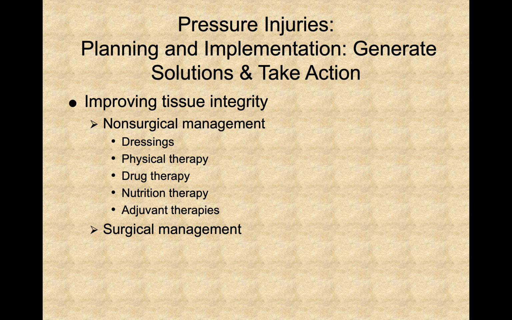Could be, for example, if someone has a really severe wound that just doesn't seem to be healing on its own. Sometimes we use skin grafting. Maybe we have to go in and surgically close that wound, maybe do skin grafting to that wound, so that it can heal.